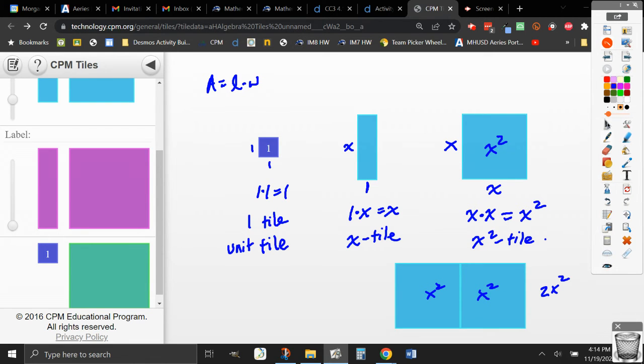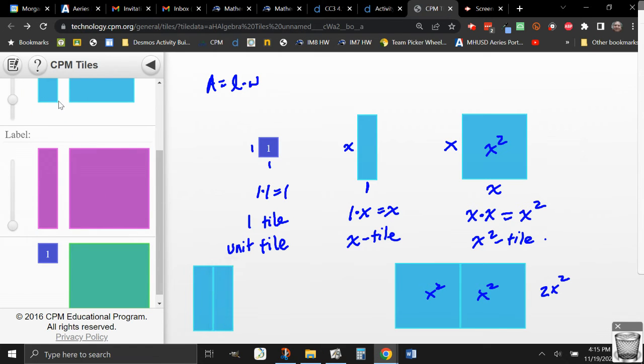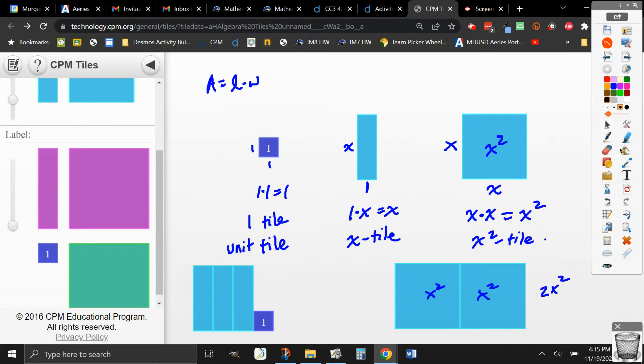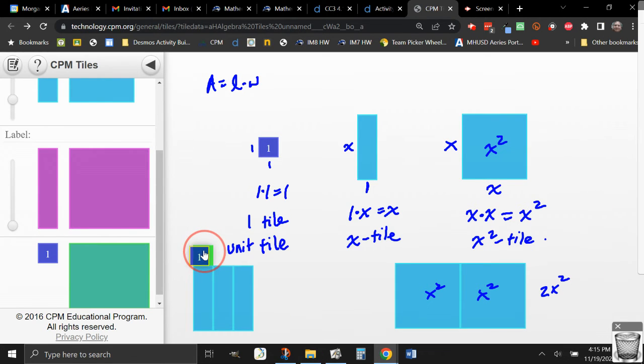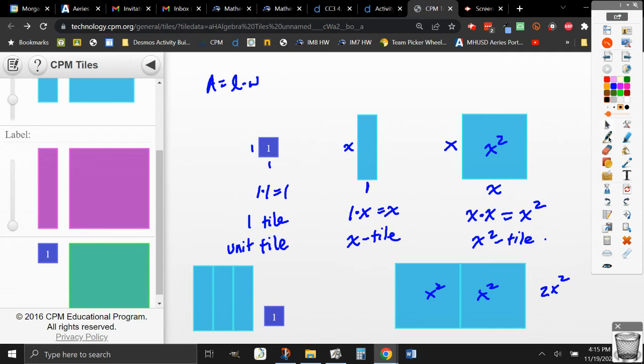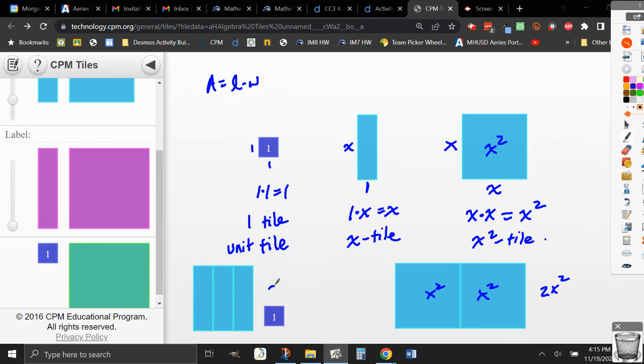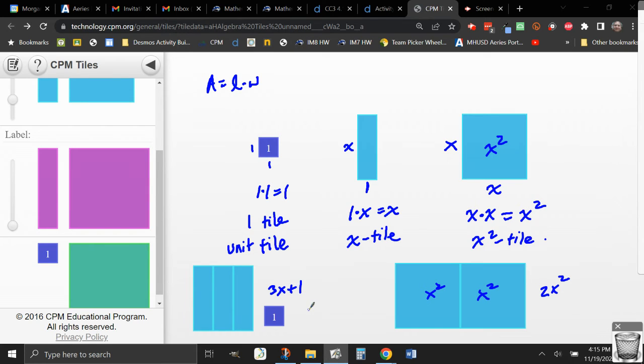And likewise, if I put an x tile and another x tile and another x tile and a 1, I shouldn't put that 1 along that long side, should I? No, I'll just put it separate. I would call this little group of tiles right here 3x plus 1 square units. So that's how we're going to use these tiles in the very near future here.